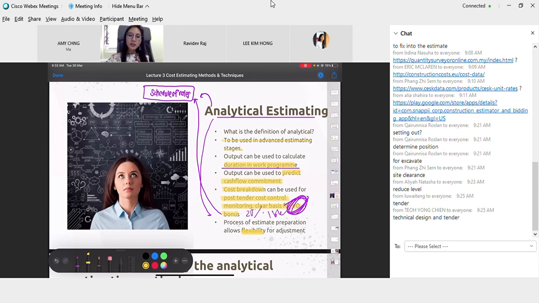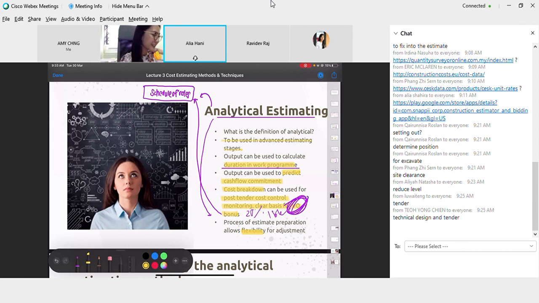Kenapa you rasa kalau kita guna analytical estimating, dia lebih flexible as compared to approximate quant dengan single rate? Because dia detail, so kita boleh adjust untuk kita dapatkan margin yang lagi besar or margin yang kecil. Macam tu ke?